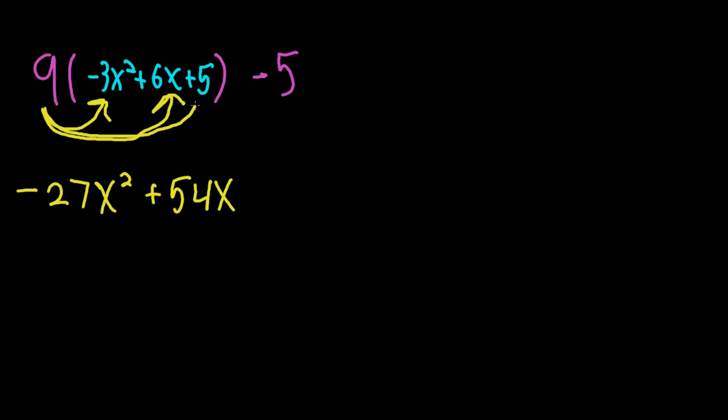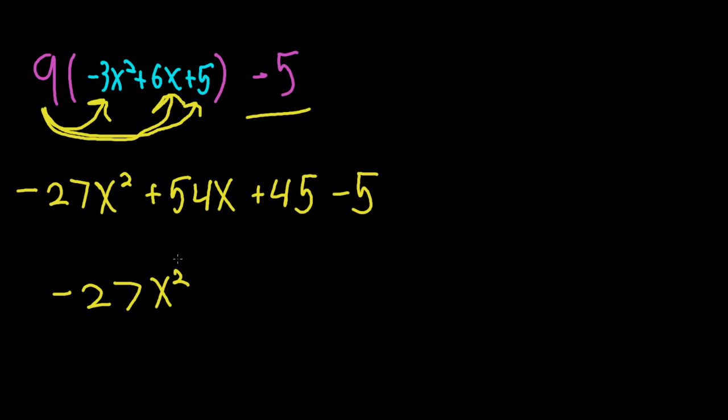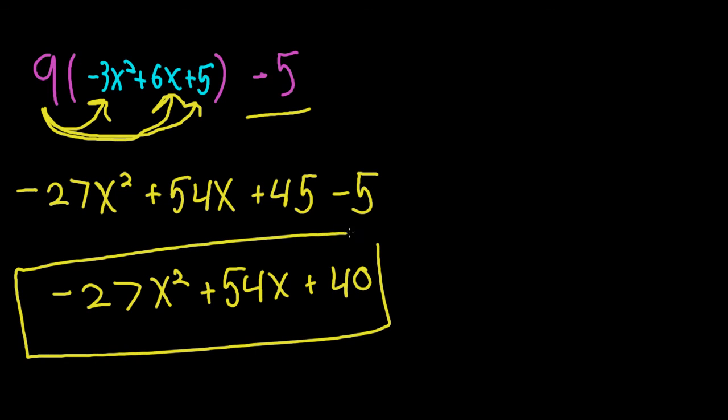Then I have 9 times 5 to get me plus 45, and I still have my leftover minus 5. Combine my like terms to get negative 27x squared plus 54x plus 40. And this is my final answer.